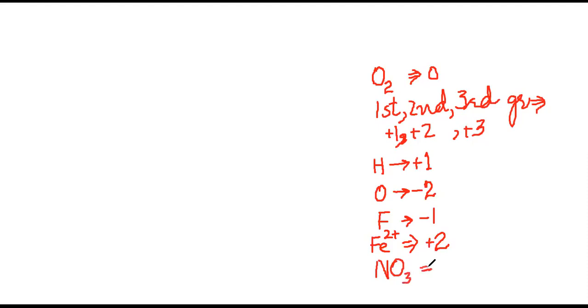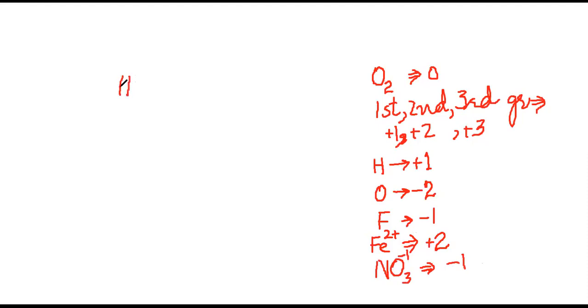Oxidation number of a polyatomic ion is equal to the charge on that ion. Okay, now let's have an example to use these rules.